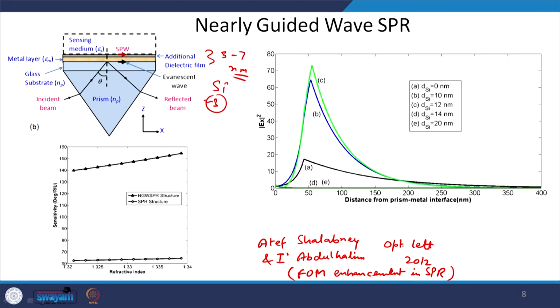So, what they saw is that you have the surface plasmons, if you add a thick layer there, what happens? If you add a thick layer of dielectric film on the metal film, it will excite surface plasmons and that can under suitable conditions be guided into that dielectric layer. So, that will be guided wave resonance, guided surface plasmons.